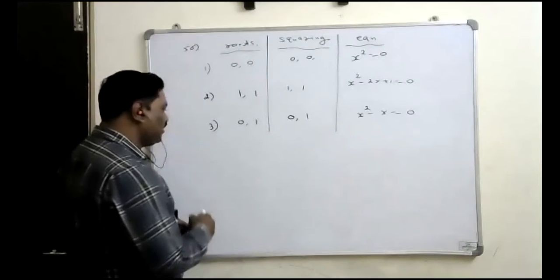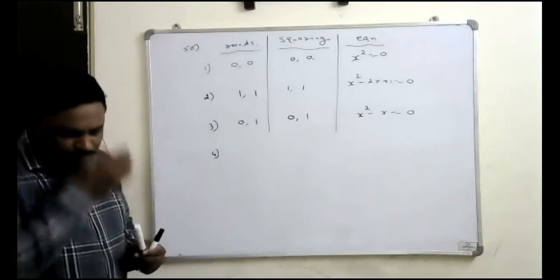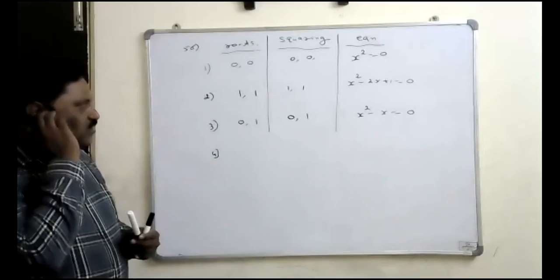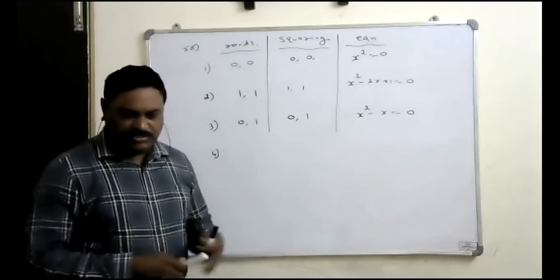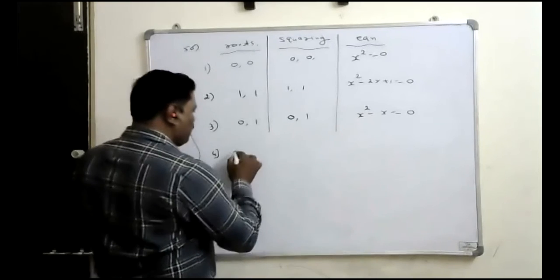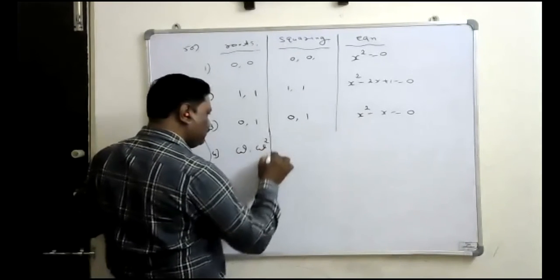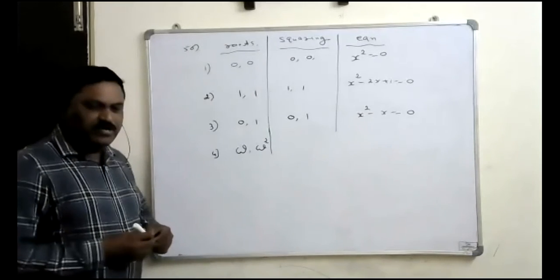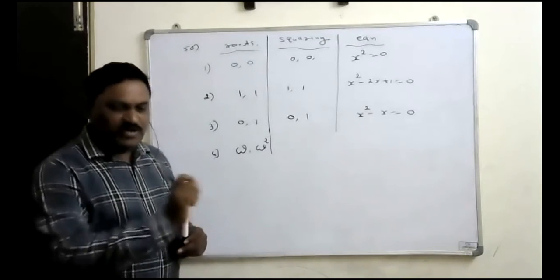Then now, is there anything else? Any more? Even though if you square the roots, the equation should not change. Suppose you take omega and omega square. I told you about the cube roots of unity, right? Suppose the roots are omega and omega square.